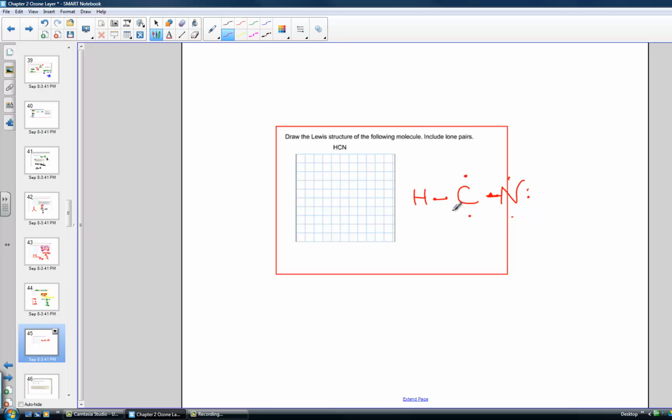Then you get a nice little visual of how this lonely electron and this lonely electron form a bond. Cleaning it up, you get H, single bond C, triple bond N with its lone pair off to the side.